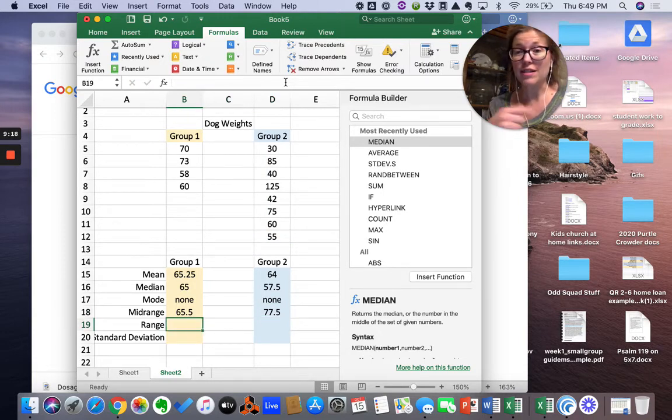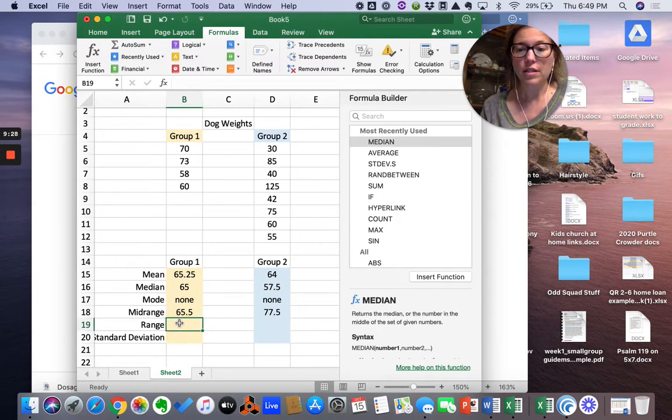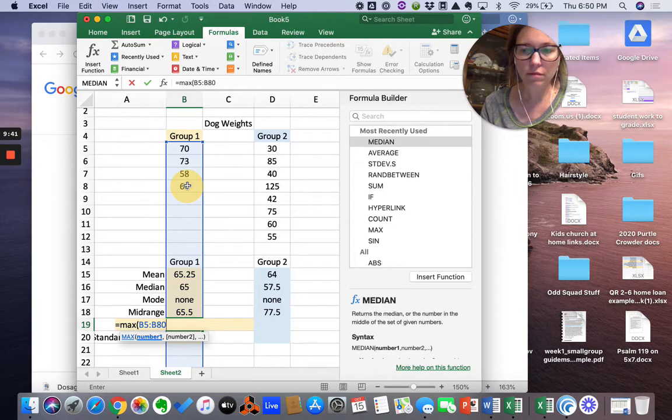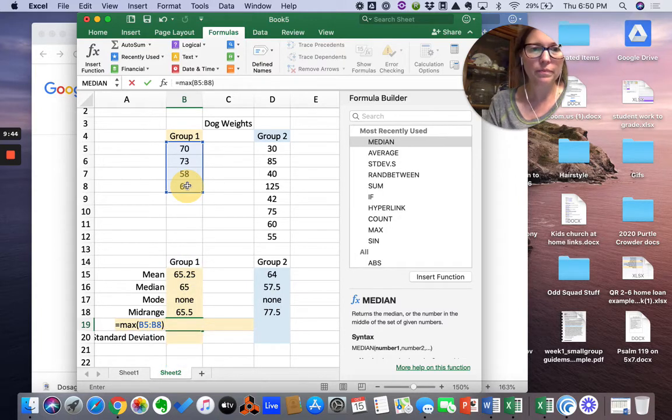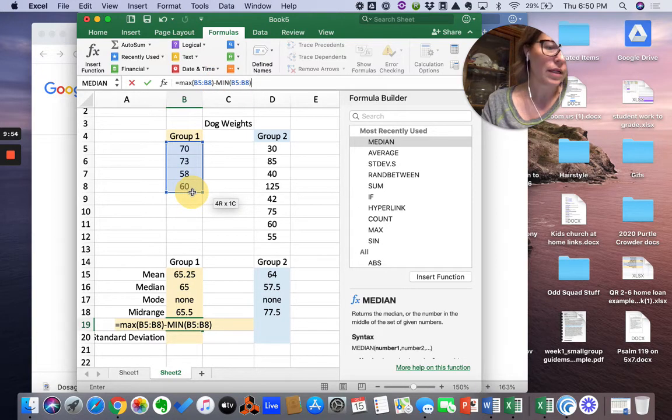The range is the distance between the biggest and the smallest. So we can find that in a really similar way using our min and max again. So just the distance between them, so we can say equals the biggest minus the smallest. Max, oops. There we go. Max minus min. I turned on my caps lock.